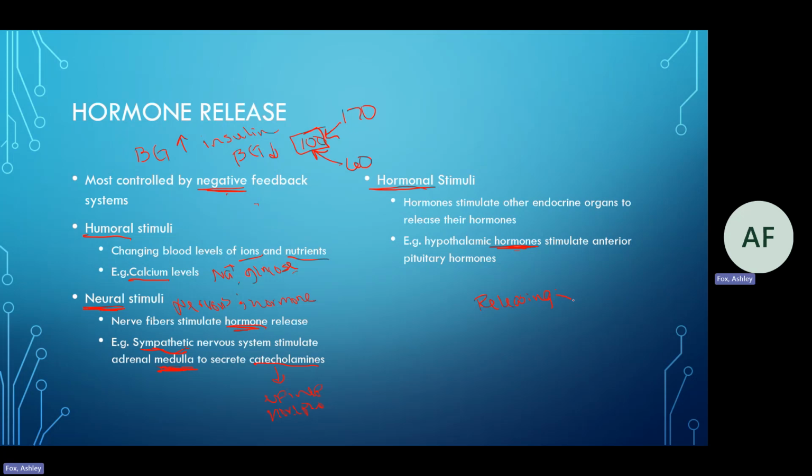Then the anterior pituitary is usually going to release stimulating hormones, or some sort of other hormone. So the releasing hormones from the hypothalamus cause the stimulating hormones from the anterior pituitary to be released. And then even the anterior pituitary can go to things like the thyroid and cause release of its hormones. So it's kind of a cascade where hormone causes hormone causes hormone. And that's hormonal stimuli.